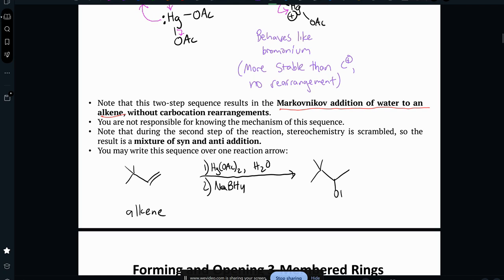And as a product, we write the alcohol. So most often you'll see this sequence written over one arrow with step numbers. The step numbers are important because that tells the reader that we're adding these sequentially and not all together at once.